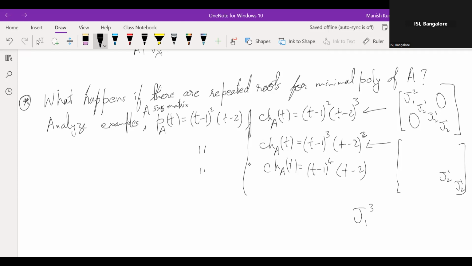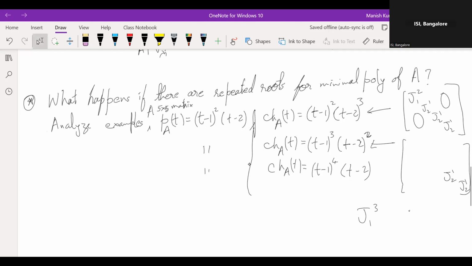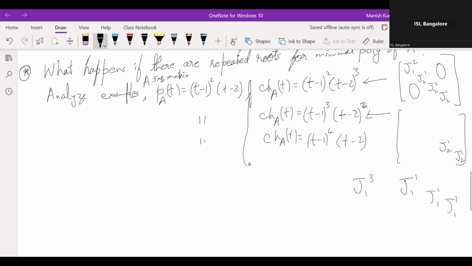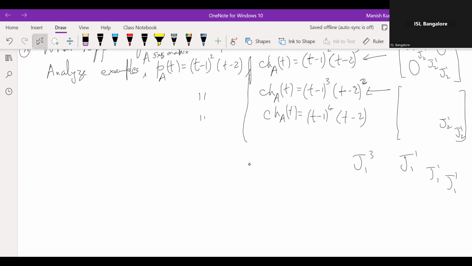So there are various possibilities. It could be J13, or I will have to fill out this 3 by 3 block in some other way. J13 is one possibility, J11, J11, J11 is the other, and the third possibility is J12, J11.